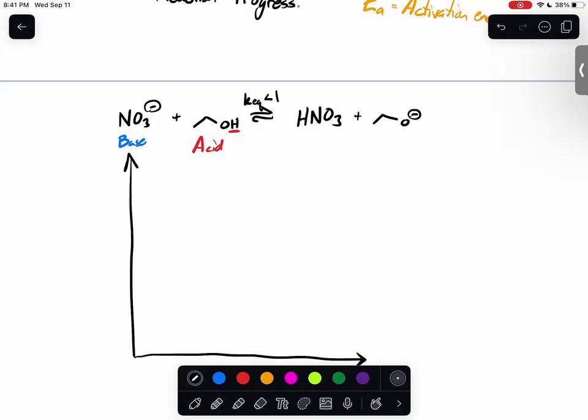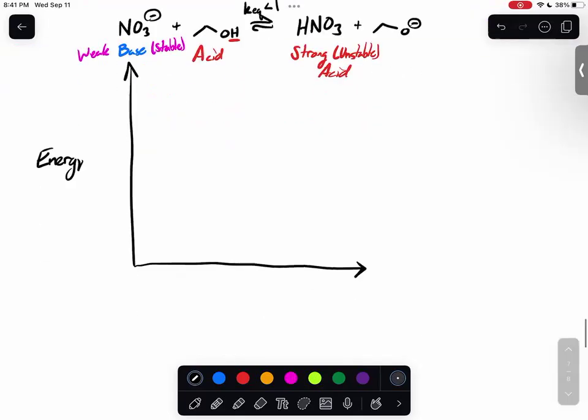How do I know that? Well, we've formed a strong, unstable acid, right? HNO3, nitric acid, is a strong acid, which means that this base over here is a stable, weak base. So, taking a look at this in terms of our energy and reaction progress, sorry about that.